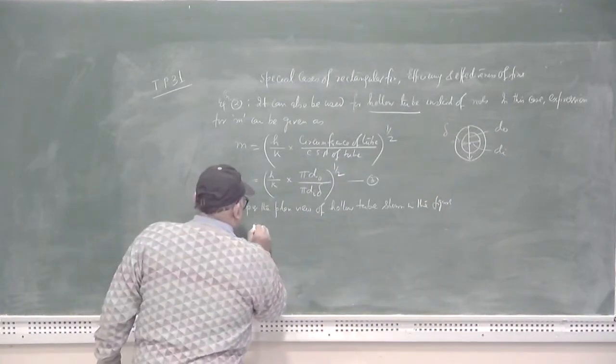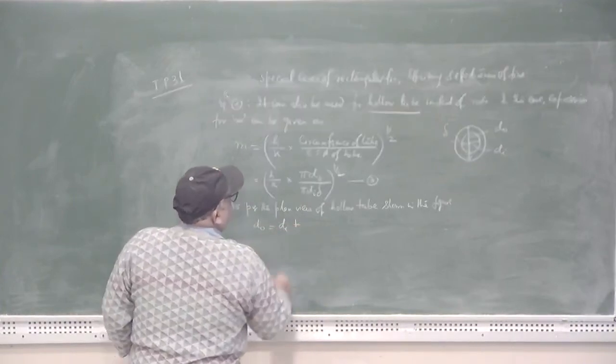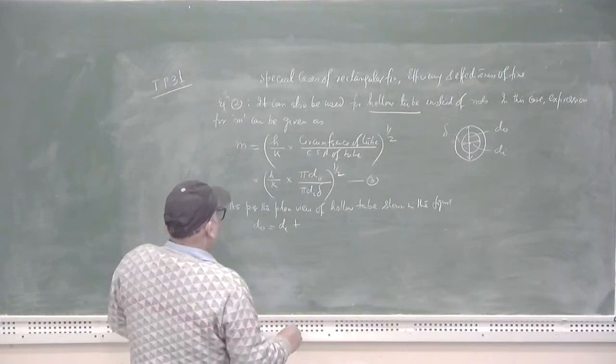We can write d naught is equal to d i plus 2 delta.